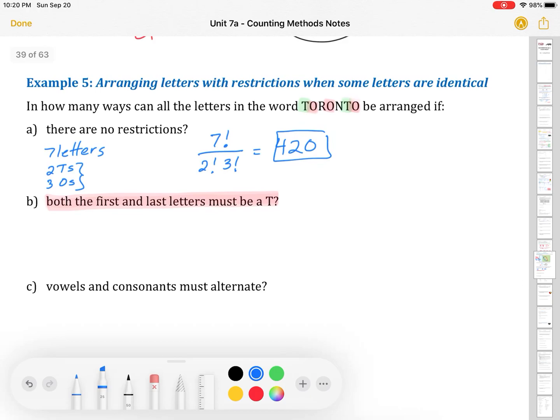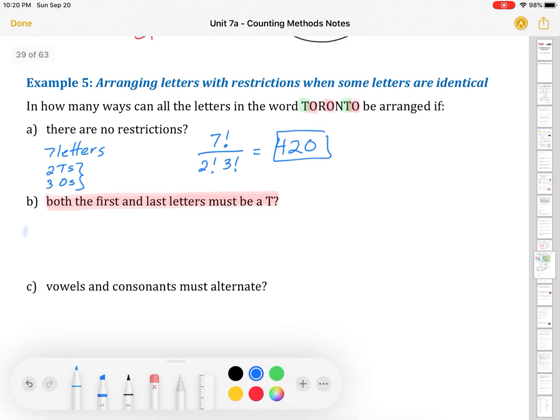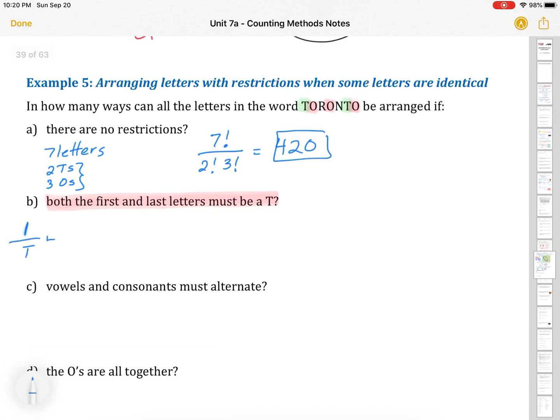Now we're going to add restrictions. For this restriction, both the first and the last letters must be a T. So what that tells us is that the first one's got to be a T, right? Then we have 5 letters in between, and the last letter has to be a T. We only have one option for both the start and the finish.